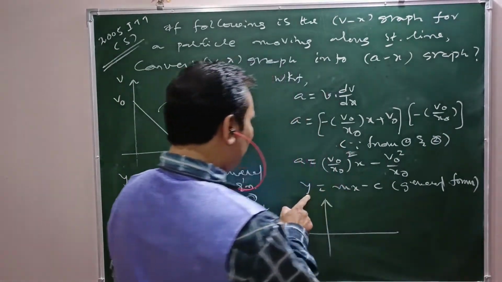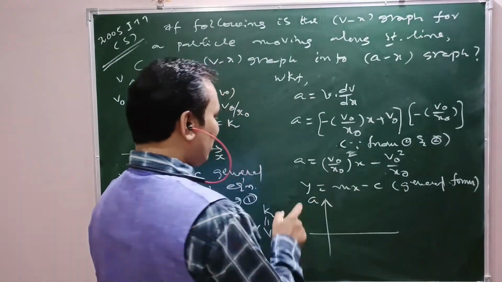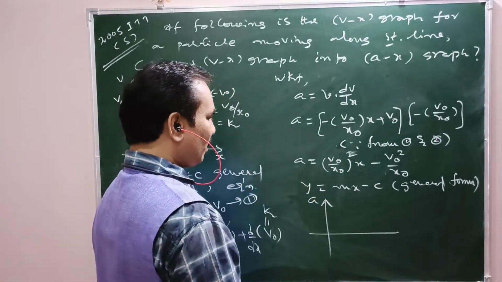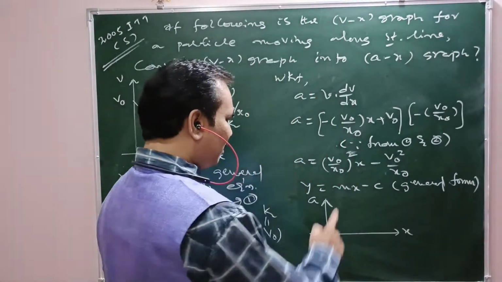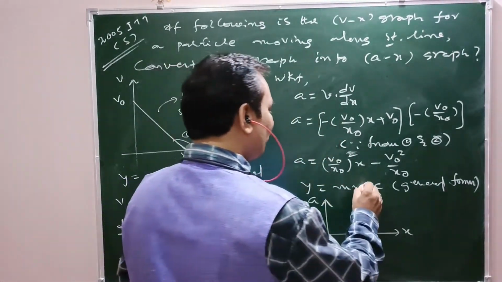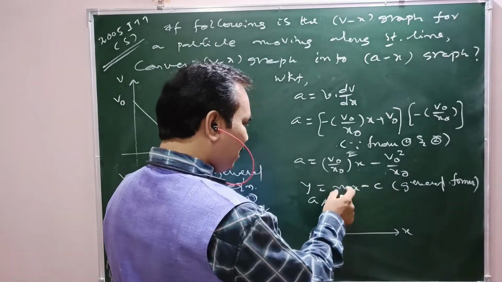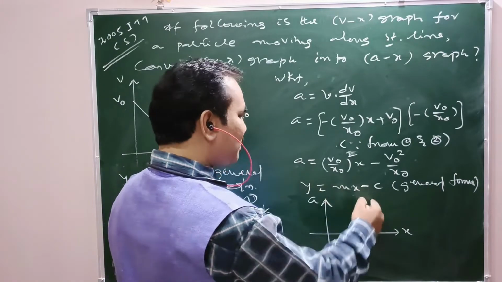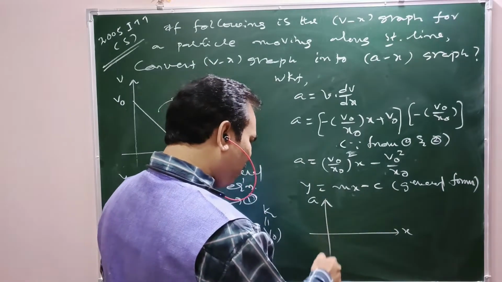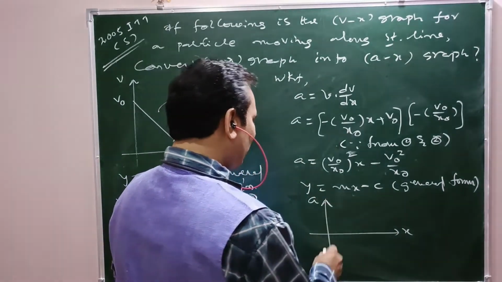Y means a. Here x means x only. But the form is mx minus c form. In mx minus c, the slope is positive, but when x becomes 0, y equals minus c. When x becomes 0, a equals a negative value.